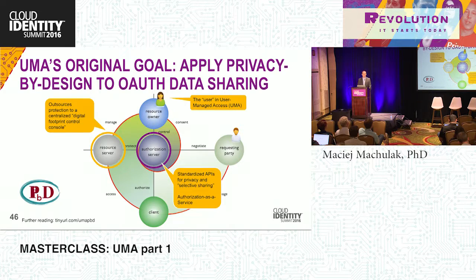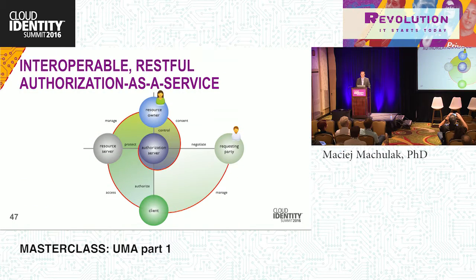The standardized API allows this authorization server to act specifically as authorization as a service. And the requesting party is not actually defined in OAuth, because there the resource owner and the requesting party are the same entity, the same person. But in UMA, these can be different.